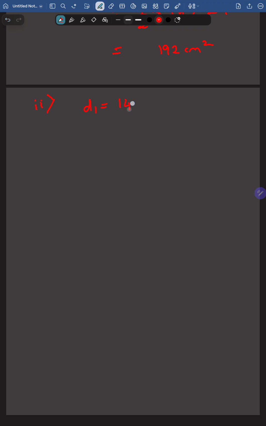D1 is 14.8 centimeter, D2 is 12.5 centimeter. Therefore we all know the area of a rhombus is half into D1 into D2, half into 14.8 into 12.5. Perfect my child. Easy sum.